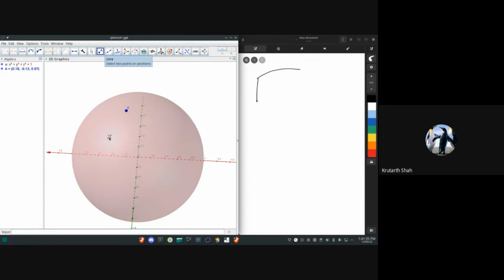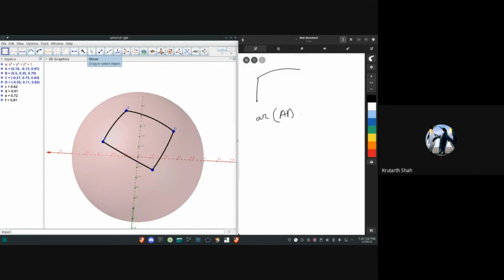So let's take A, B, C, and D, and we want to find the area of the inside region, so area of ABCD. How do you think we would be able to do that?